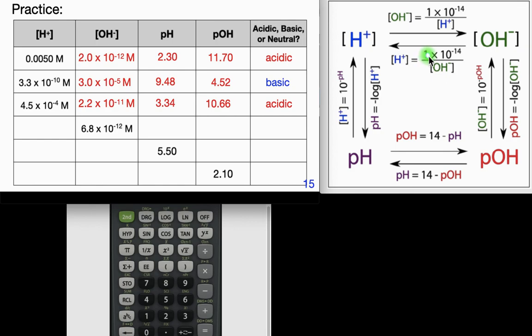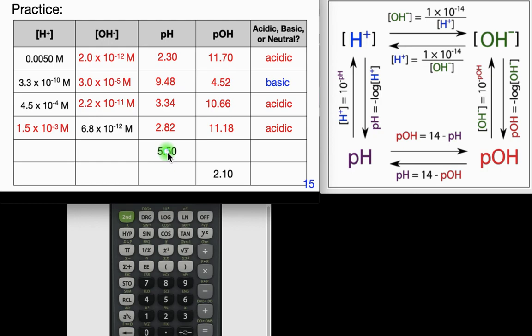So 1 times 10 to the negative 14 divided by the hydroxide ion concentration that we're given here, 6.8 times 10 to the negative 12, and that will give you 1.5 times 10 to the negative 3. We take the logarithm of that number, that'll give us the pH, subtract that from 14, give us the pOH. The pH is less than 7, so it's an acidic solution.